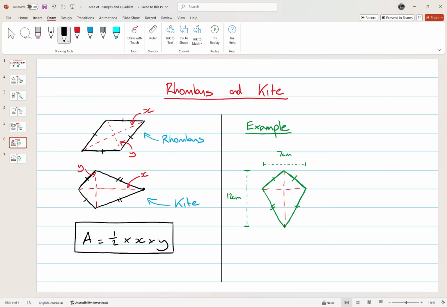So our area formula that as we just wrote down is area equals half times 7 times 12. It doesn't matter if I do half times 12 times 7 either. And then once we put that into our calculator, we'll get 42 centimeters squared. So that's just half times the X times the Y.